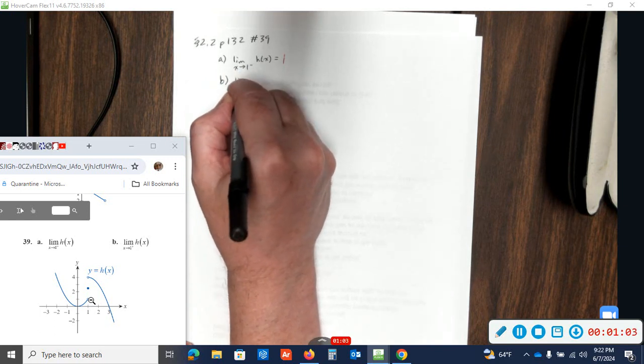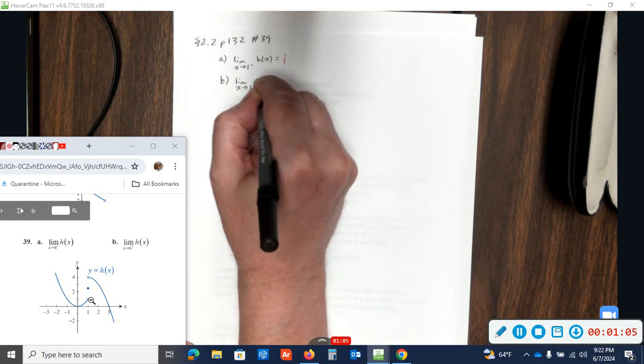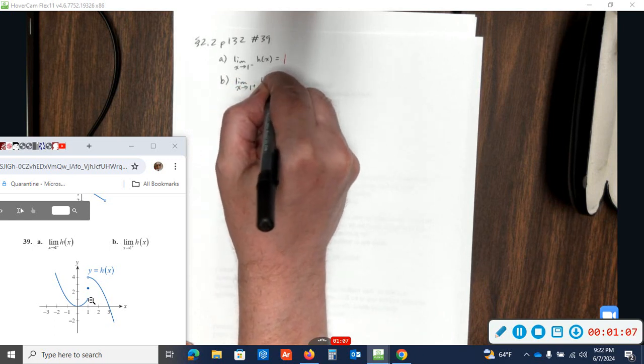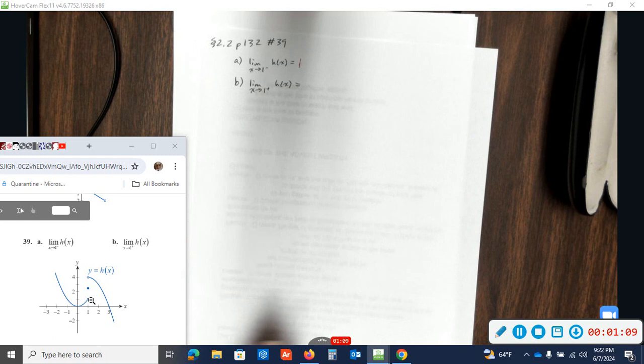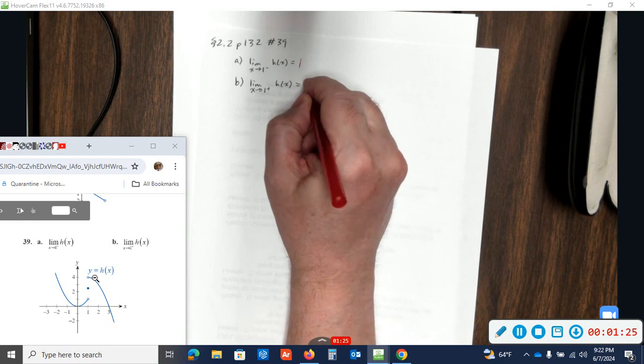On the other hand, the limit as x approaches 1 from above of h of x is, if the input value x is close to 1 but a little bit bigger, then the function's going to be way up here. This is obviously a piecewise defined function. This is up here, this is 4.